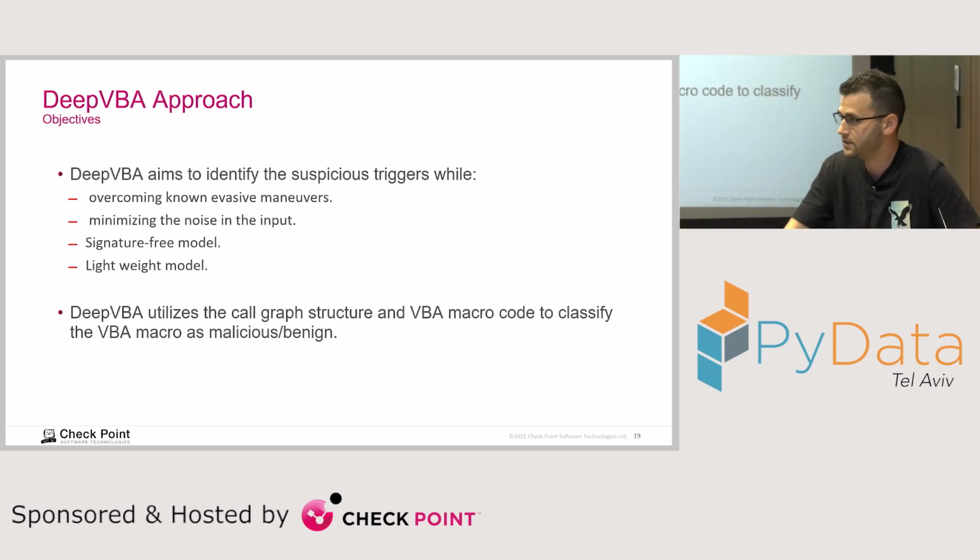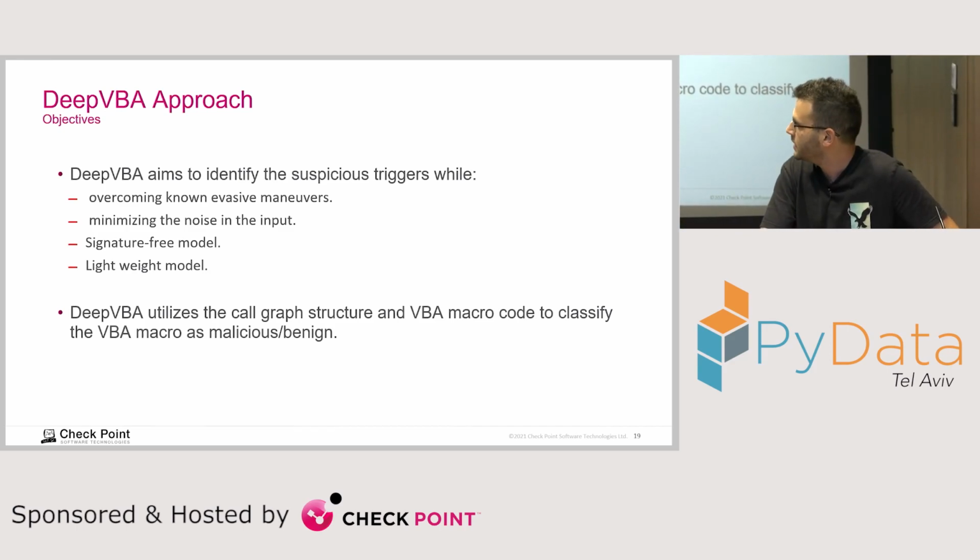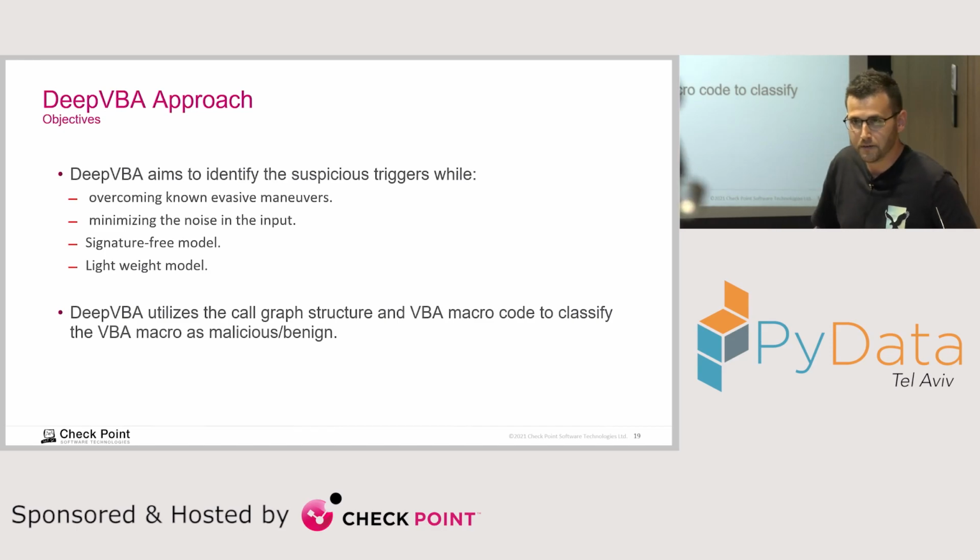It basically aims to identify these four suspicious triggers, while overcoming evasive maneuvers, minimizing the noise in the input, being a signature-free model, and also a lightweight model. That means you can't just throw GPT-3 on it. It won't work, because eventually this project needs to work on every document that you receive through email.